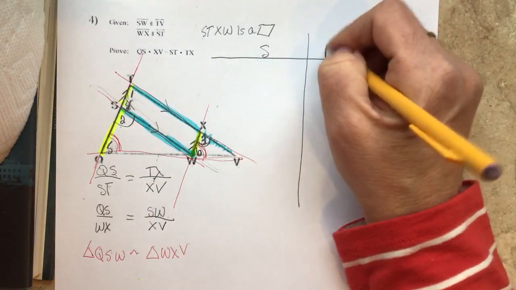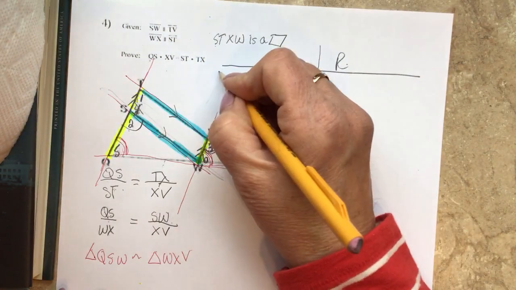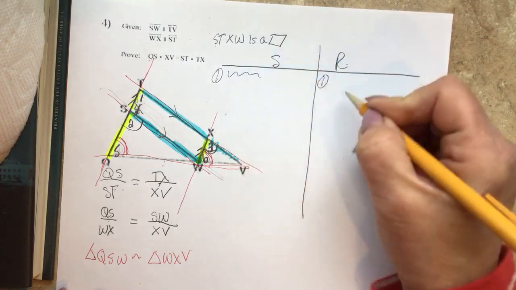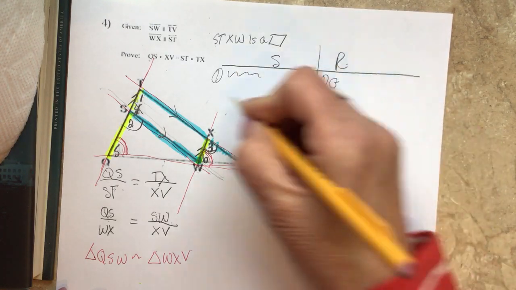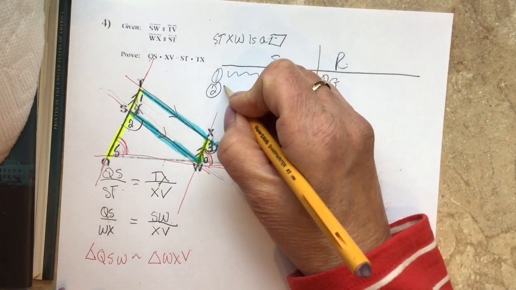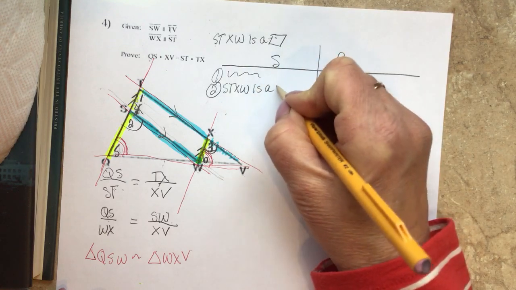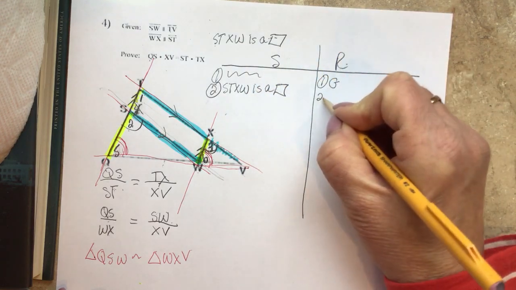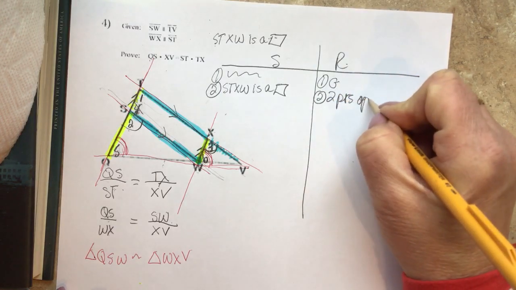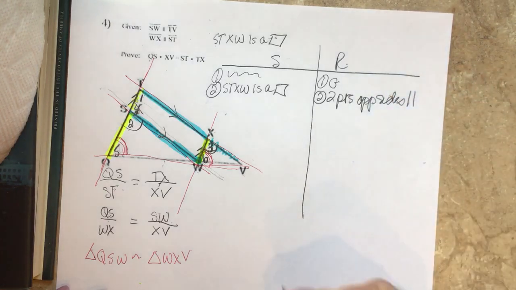All right, so statement, reason. Number 1. Copy all that down, and that's given. Number 2, I have to say it's a parallelogram. STXW is a parallelogram because it has 2 pairs of opposite sides parallel.